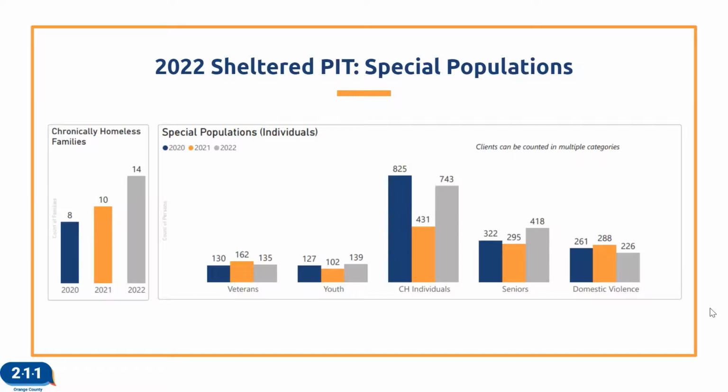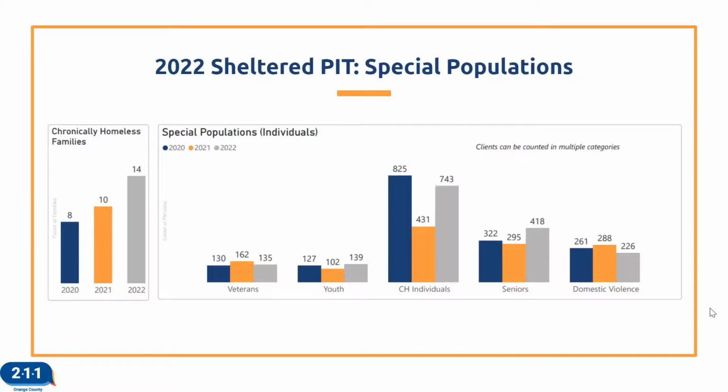Looking at the larger point in time report, including the unsheltered clients, the number of seniors and the number of chronically homeless clients has increased since 2019, as well as clients that have reported disabilities.